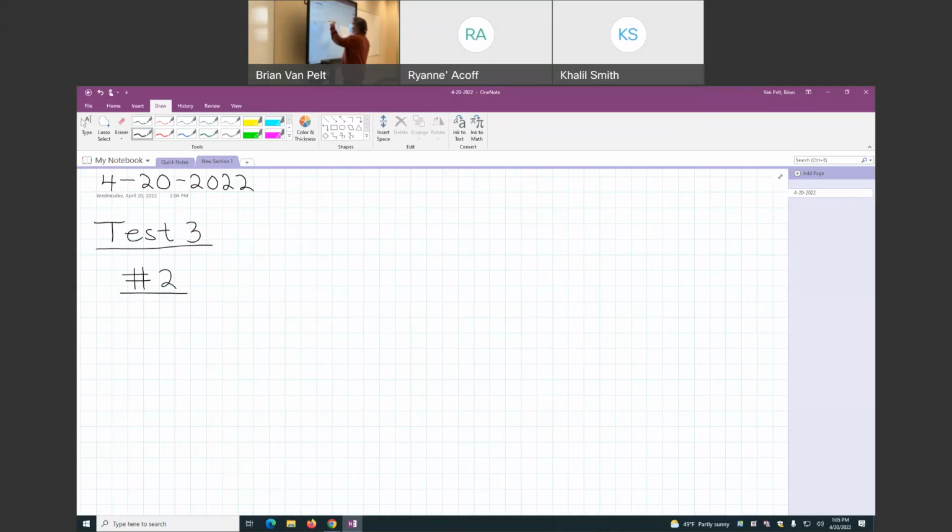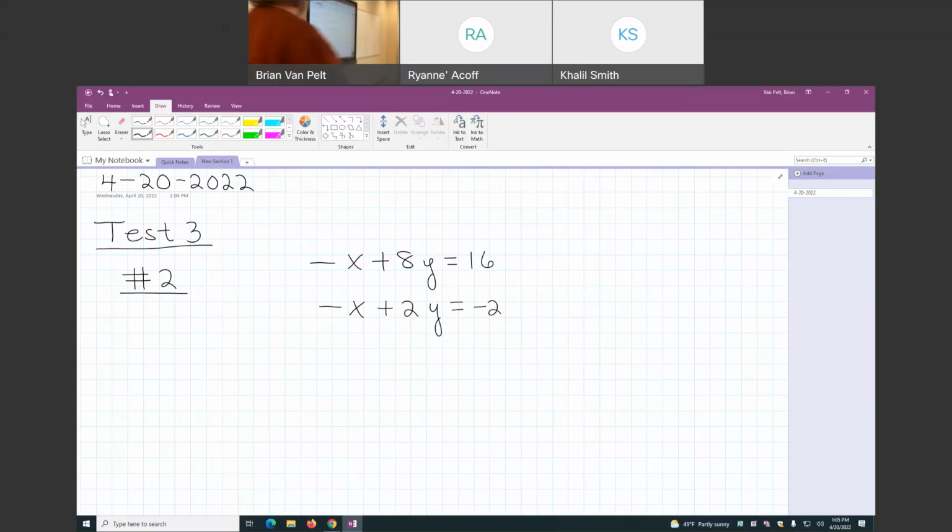We have negative x plus 8y equals 16. The other one was negative x plus 2y equals negative 2. You want to graph both of those and see where they intersect each other. For both of these, they're not in the desired format at all. What do you have to do with them? y equals.